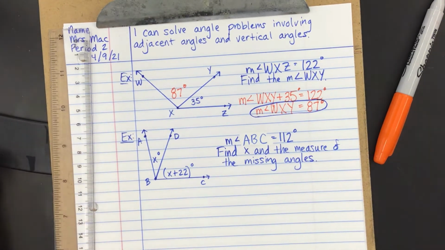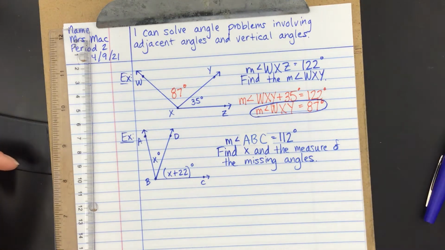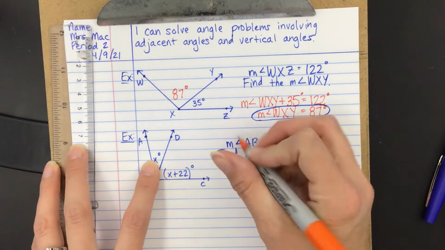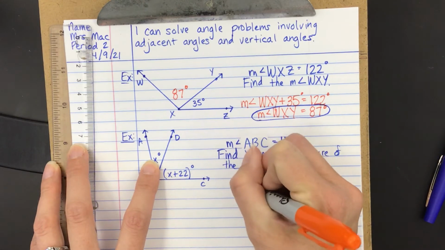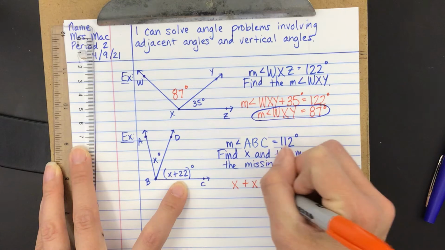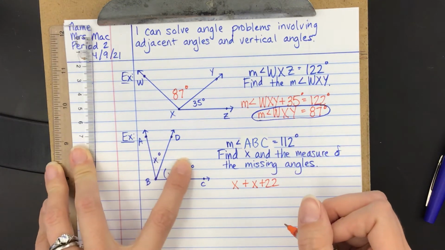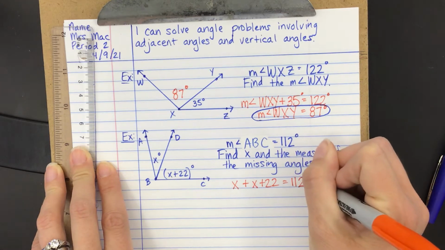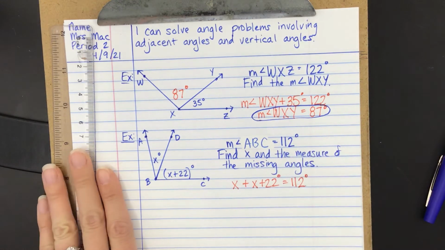Okay? So in this case, we have one angle that is x, another angle that is x plus 22, and all together, this whole thing is going to be 112 degrees.